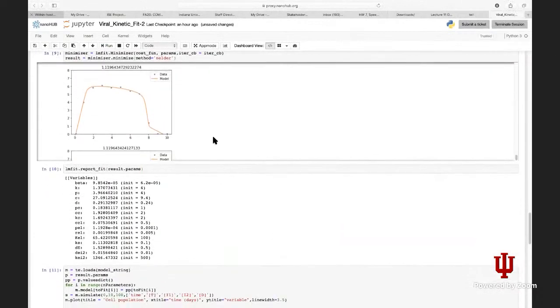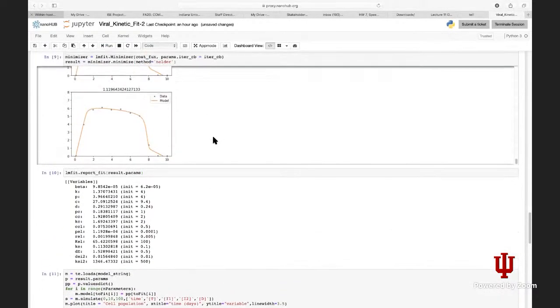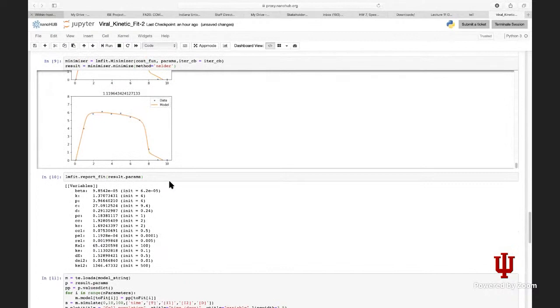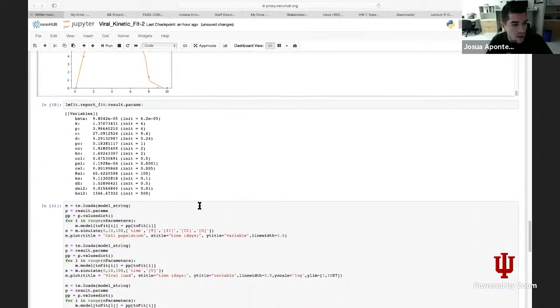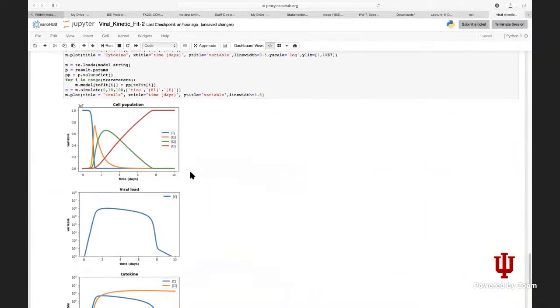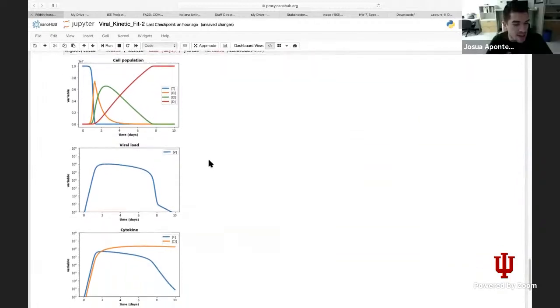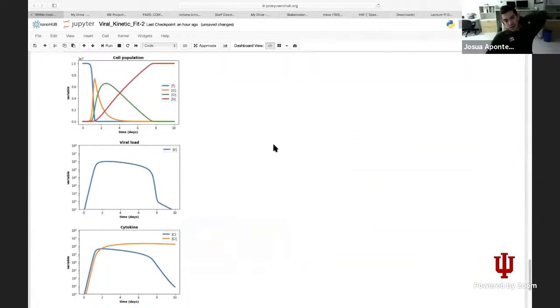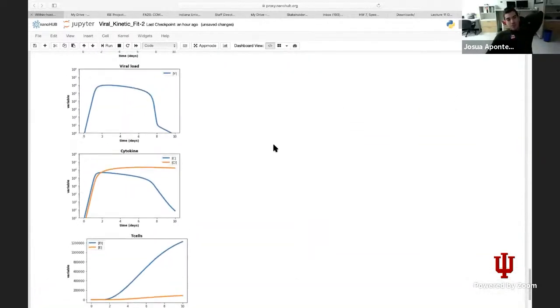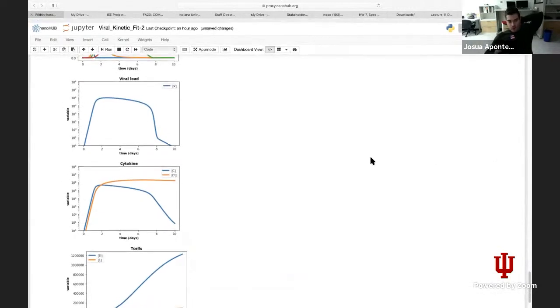So the final fit looked like this. Here are our variables. And then I found that all the cells still died anyway. That's what James was talking about. James, can you explain again what's happening here?